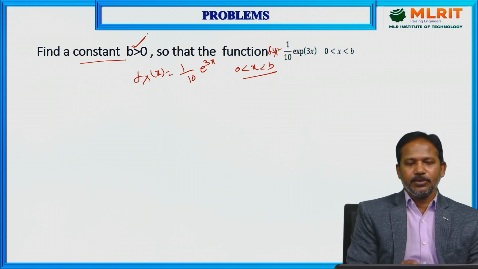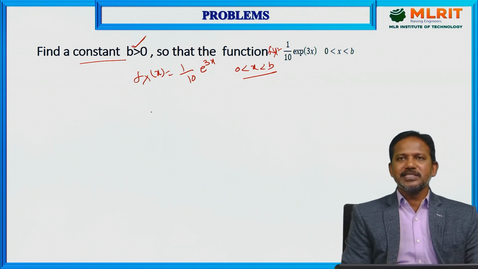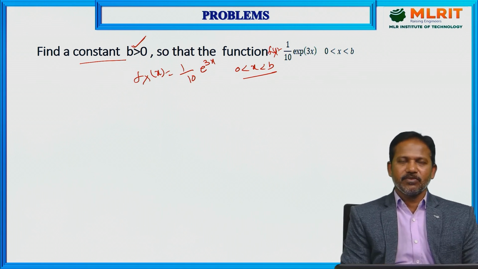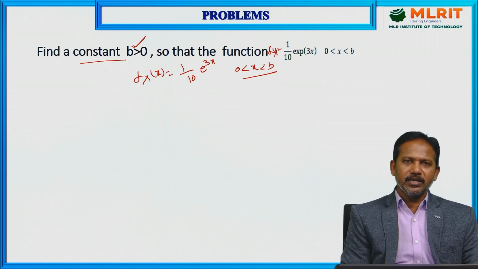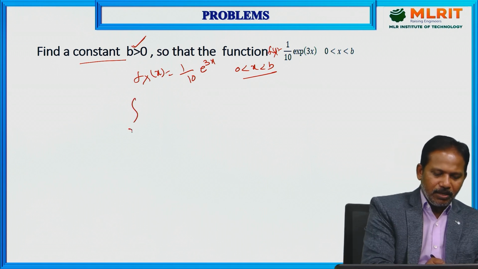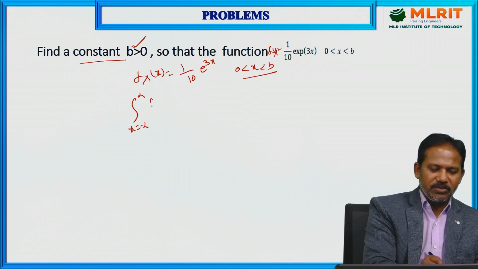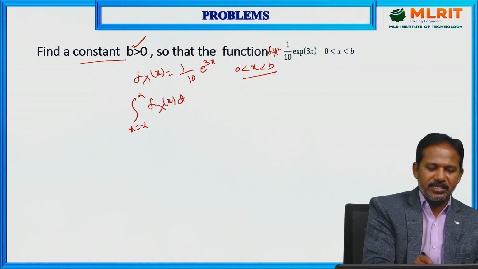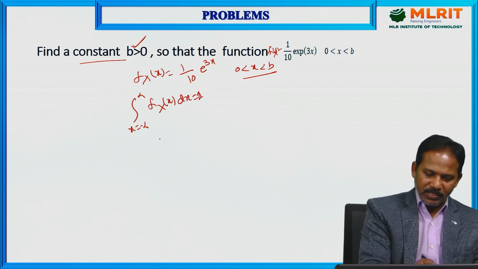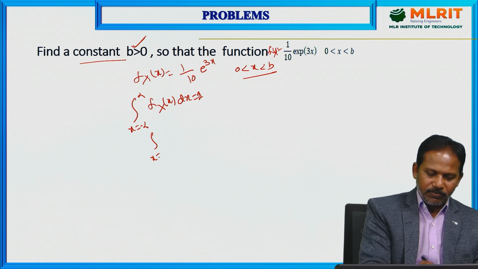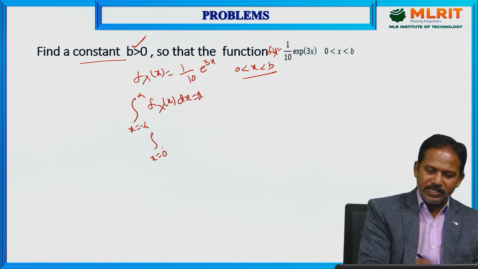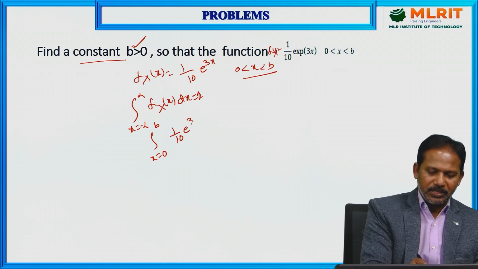For that one, I need to find the constant b value. See here, we know already the second property of probability density function. What we know? The area under the density function is always 1 only. That is integral of x equal to minus infinity to plus infinity small fx of x dx equal to 1 only. That is integral of x equal to, my lower limit is given as 0, my upper limit is given as b, into fx of x means 1 by 10 into e power 3x with dx equal to 1.